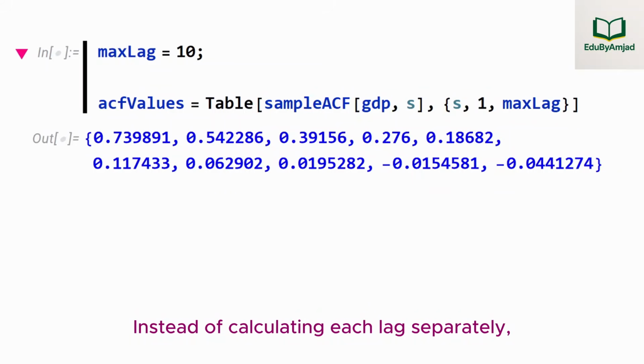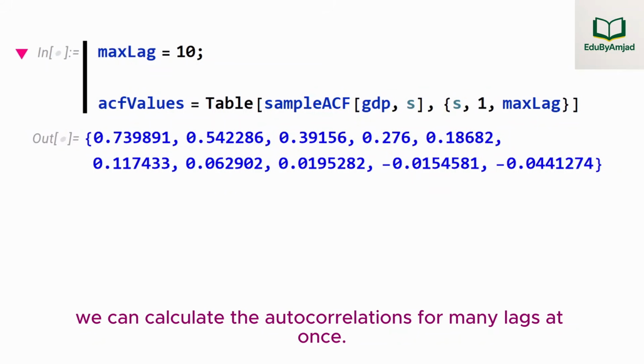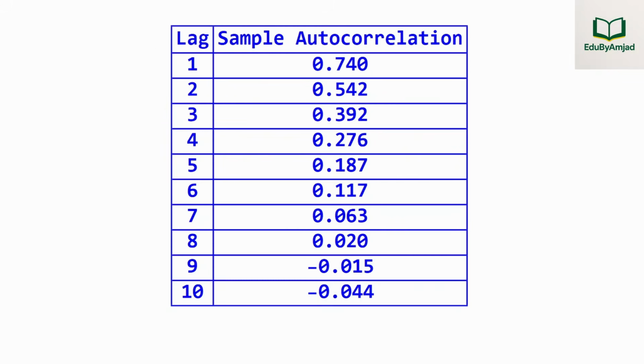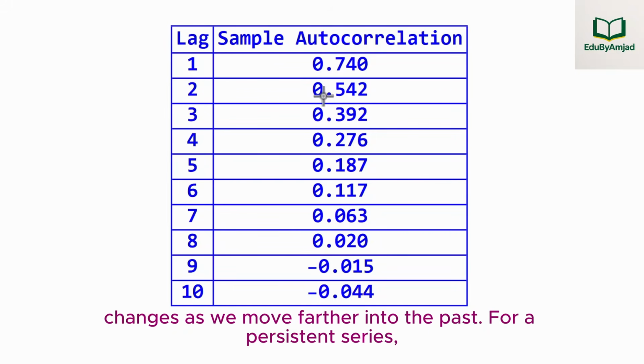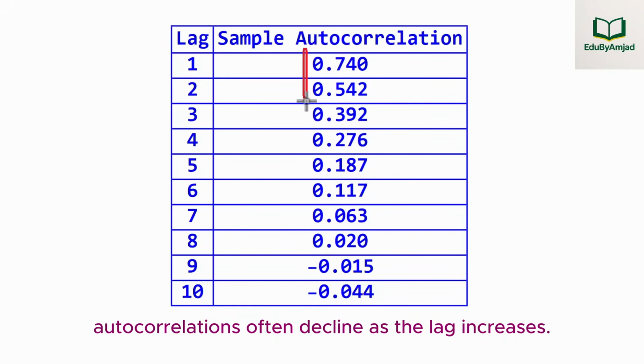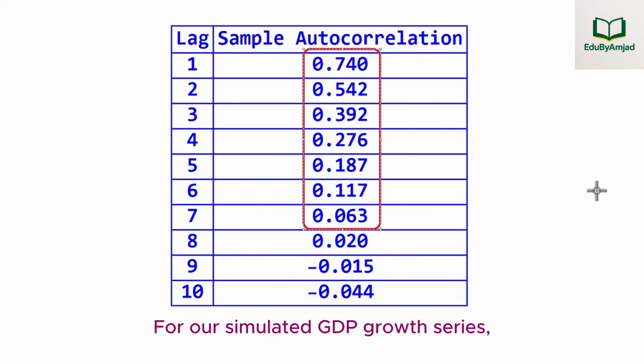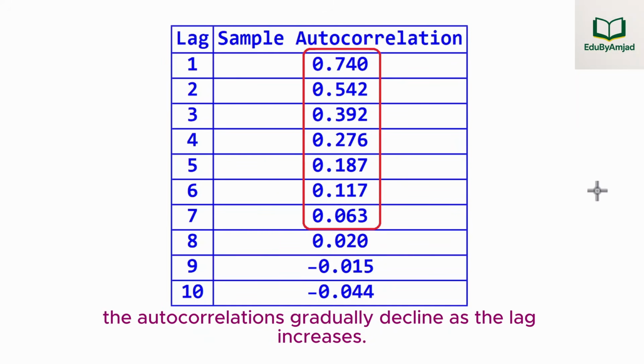Instead of calculating each lag separately, we can calculate the autocorrelations for many lags at once. This table shows how the strength of the relationship changes as we move farther into the past. For a persistent series, autocorrelations often decline as the lag increases. For our simulated GDP growth series, the autocorrelations gradually decline as the lag increases.